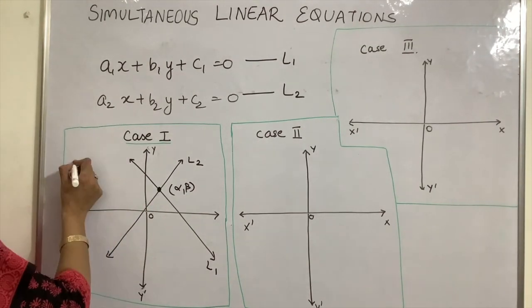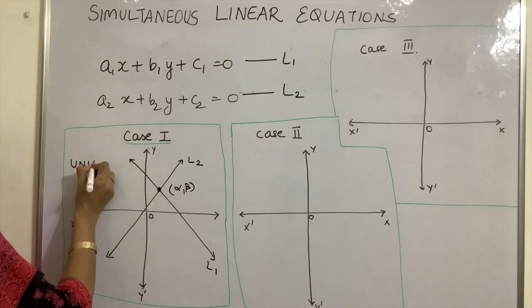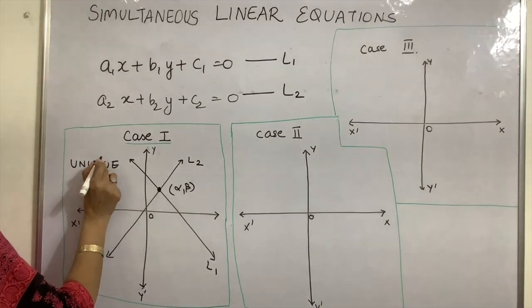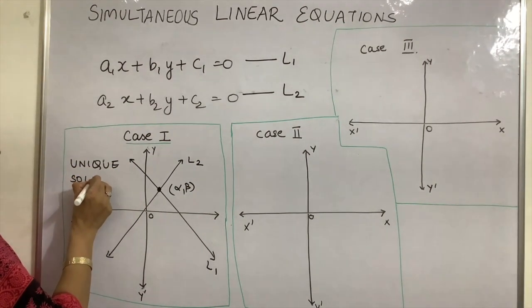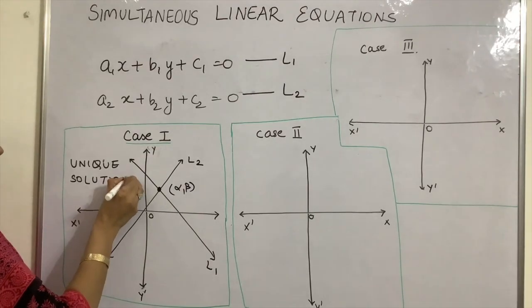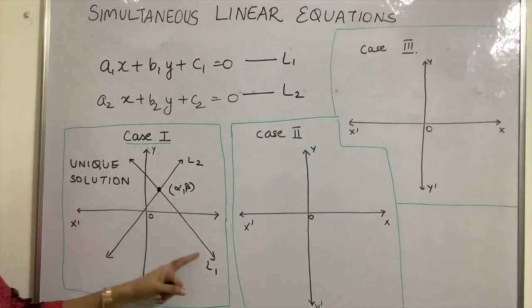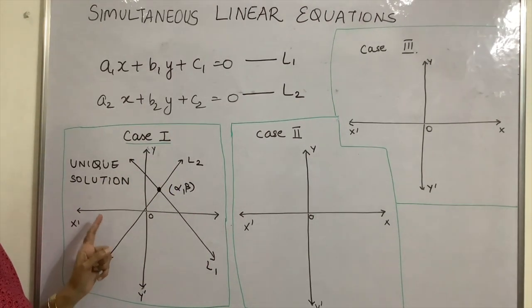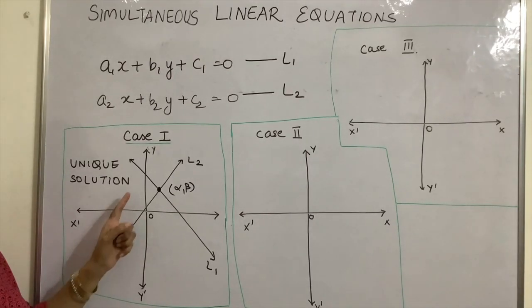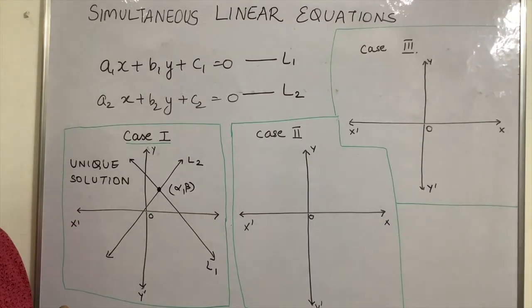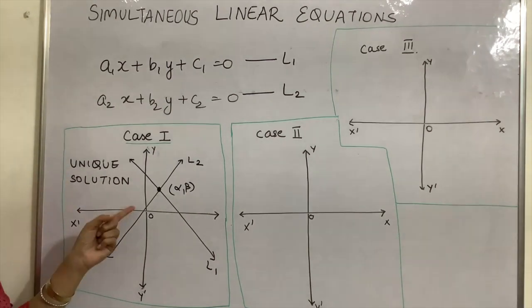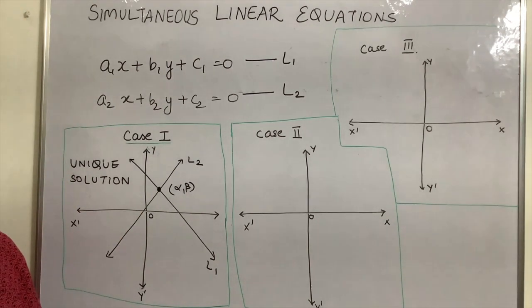This is a case of a unique solution, where the lines L1 and L2 on being plotted will intersect at a point, and that point will be the unique solution of both these lines.